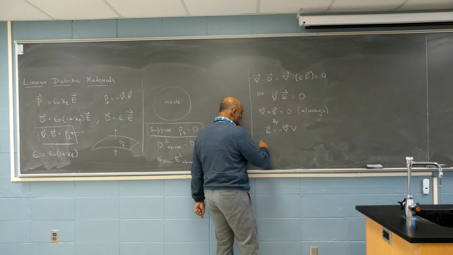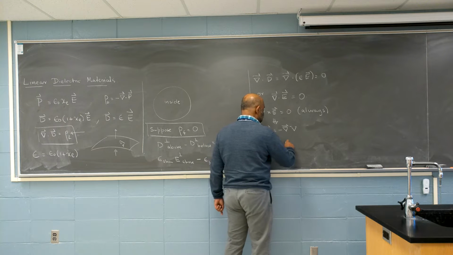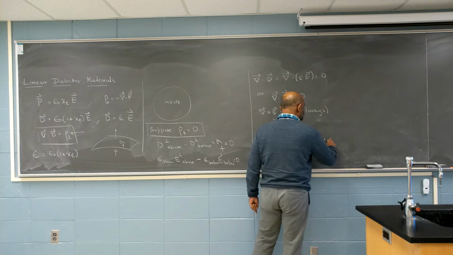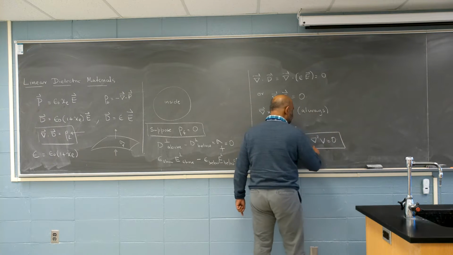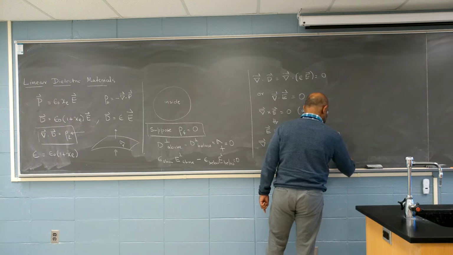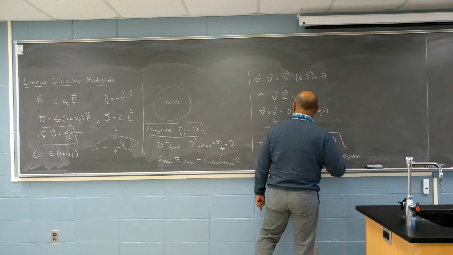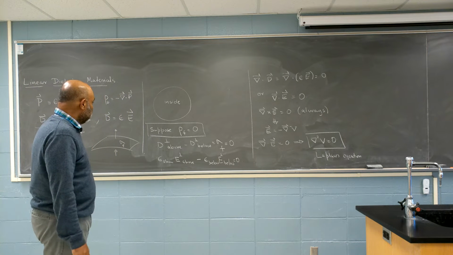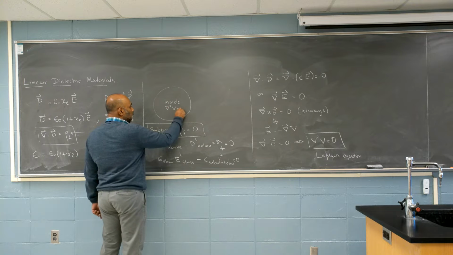So divergence of E equals 0 implies del squared V equals 0. This is nothing more than Laplace's equation. So over here, I have del squared V equals 0.